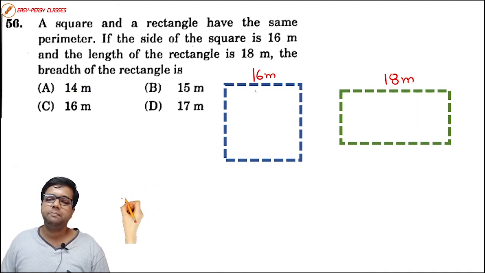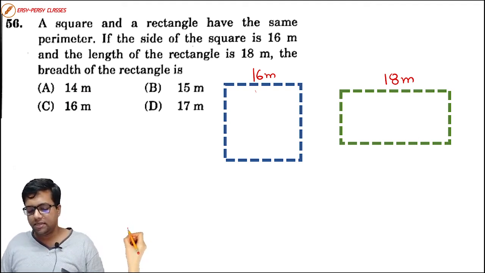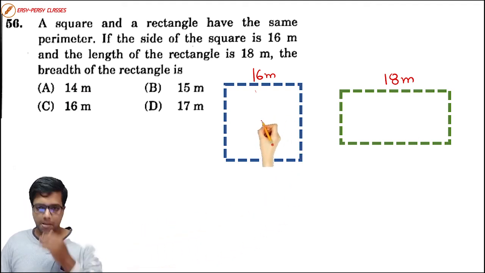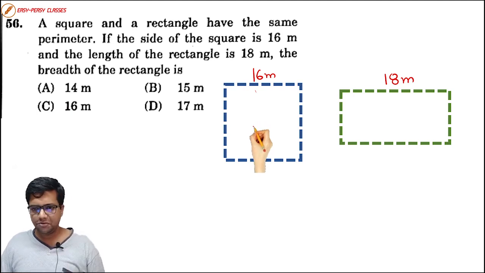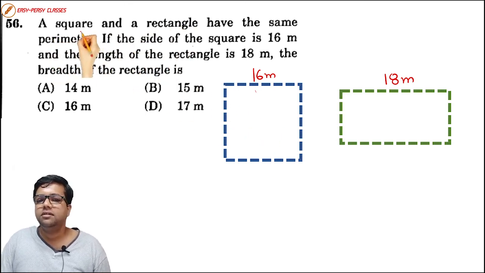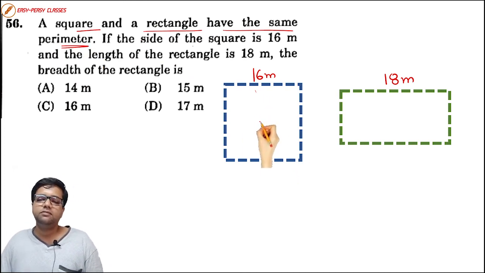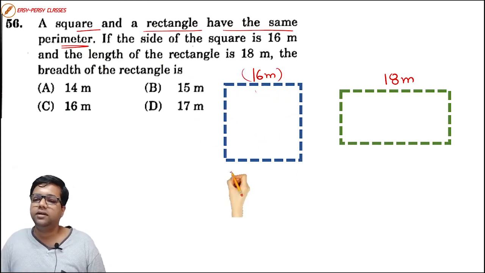See, what they are asking us to do is to solve the question, but they have told us this information. A square and a rectangle have the same perimeter. What is the formula for the perimeter of the square? 4 into side of the square, right?